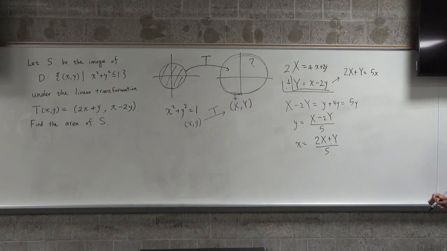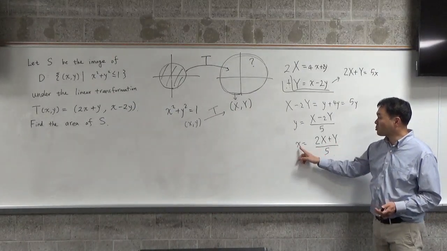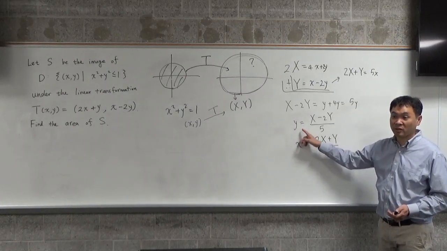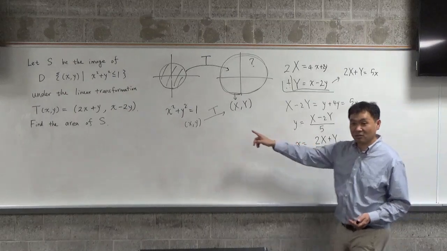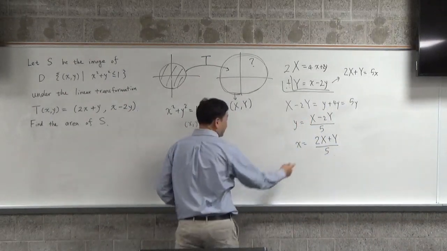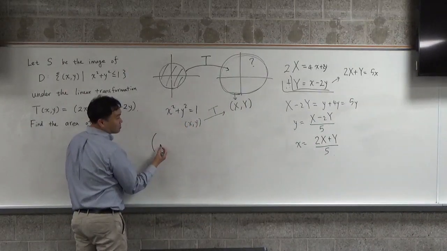Now the reason I do this is because I actually know the relationship between small x and small y. What's the relationship between small x and small y? It's this one, x squared plus y squared is 1, right? So what I can do is take those things and plug them in here. And let's see what that gives us.